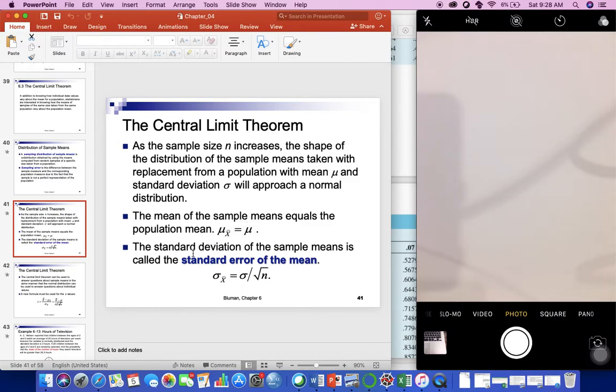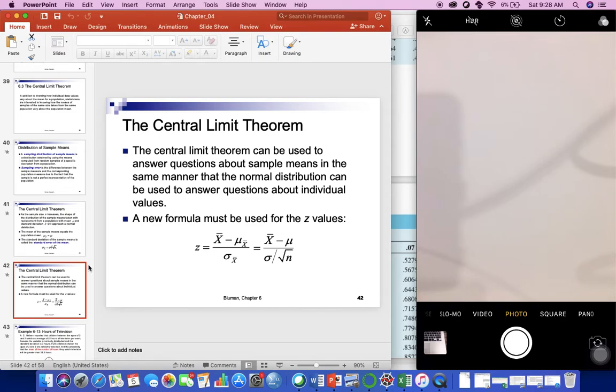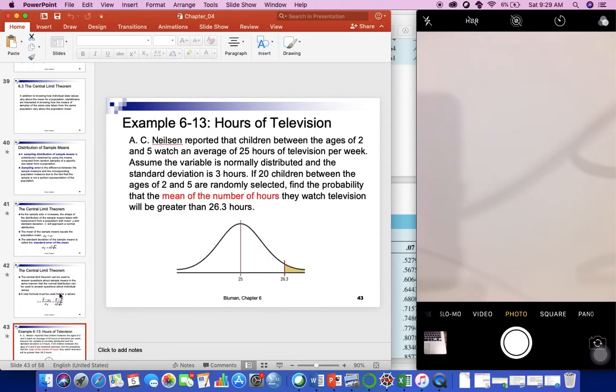The standard deviation of the sample means is the standard error of the mean. This is the formula for Z values: Z equals X minus mean, over standard deviation divided by the square root of n.